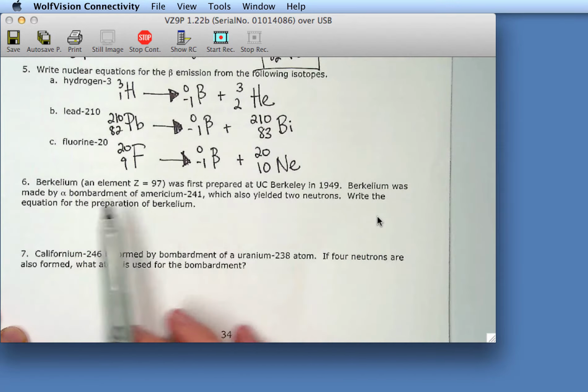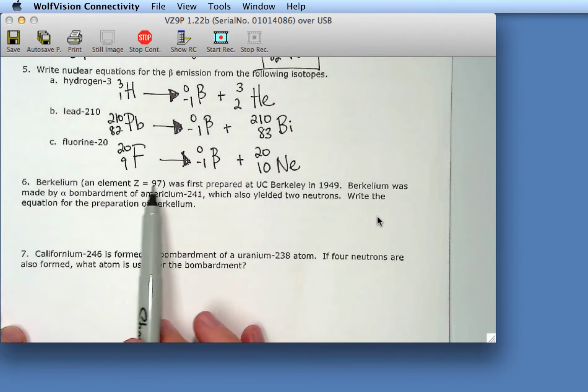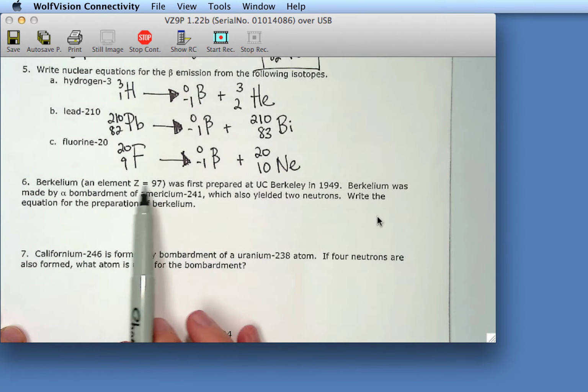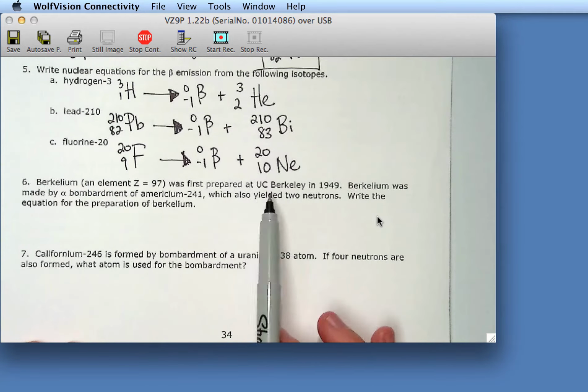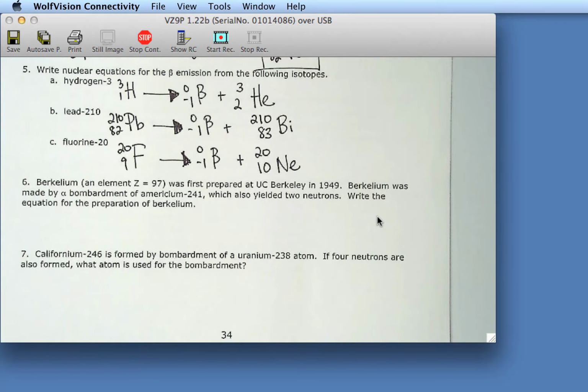So berkelium is an element with an atomic number of 97. Remember, Z is the atomic number. It was first prepared at UC Berkeley in 1949. Berkelium was made by alpha bombardment of americium-241, which also yielded 2 neutrons. Write the equation for the preparation of berkelium.